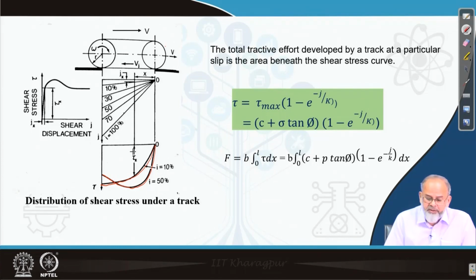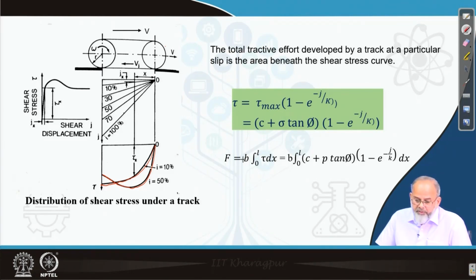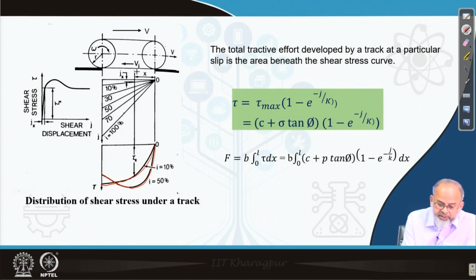So area under this curve means you have to multiply shear stress with the area. So what I have done is, F will be equal to the integral of tau into b into dx. That has to be integrated along the length. Suppose the contact length is L, so 0 to L. So that's what is written here.